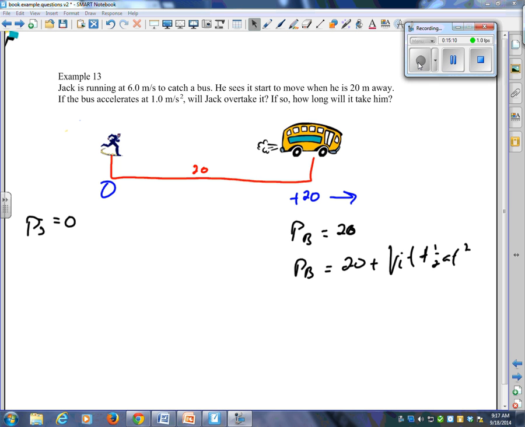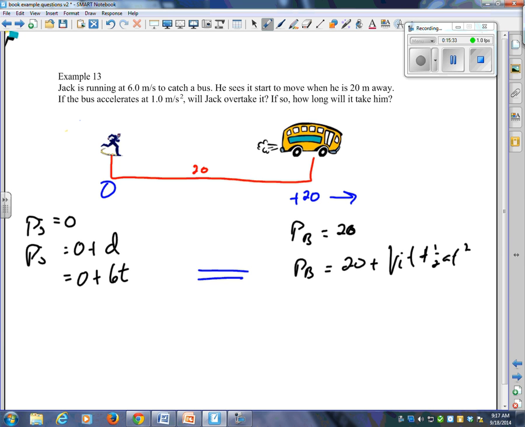And position Jack after is equal to 0 plus his displacement. Jack is running at a constant 6, right? So his is going to be 0 plus 6t, velocity times time. And those two things have to be equal, right?